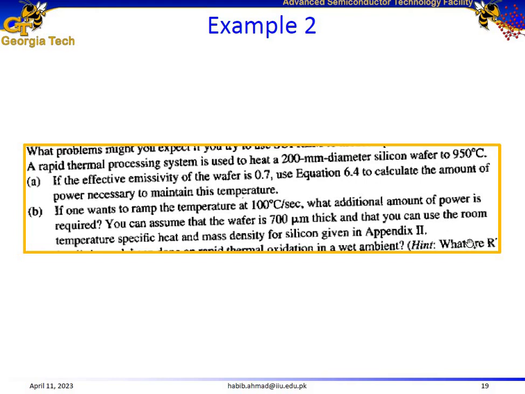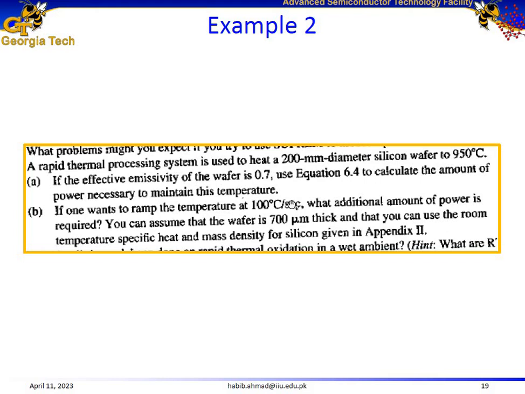Now, here is a numerical from your book, Microelectronic Fabrication. A rapid thermal processing system is used to heat a 200 millimeter diameter silicon wafer to 950 degrees C. Temperature is given, the diameter of the silicon wafer is given. If the effective emissivity of the wafer is 0.7, use this equation to calculate the amount of power necessary to maintain this temperature.